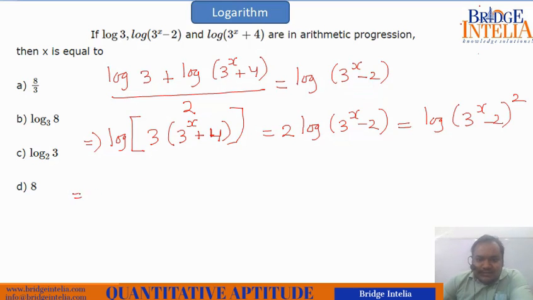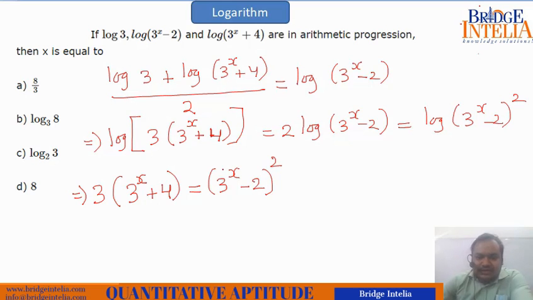So this basically means 3 into 3 to the power x plus 4 must be equal to 3 to the power x minus 2 whole square.